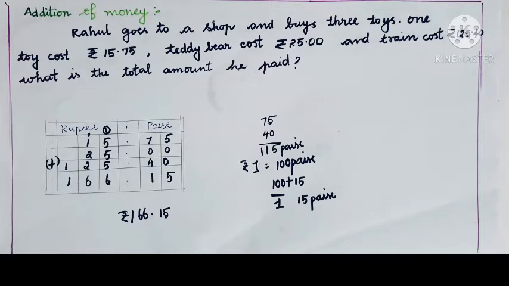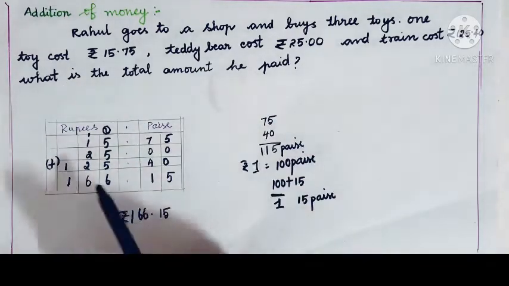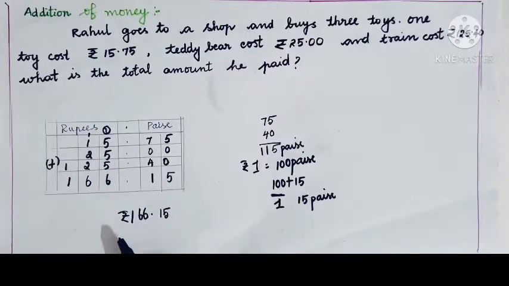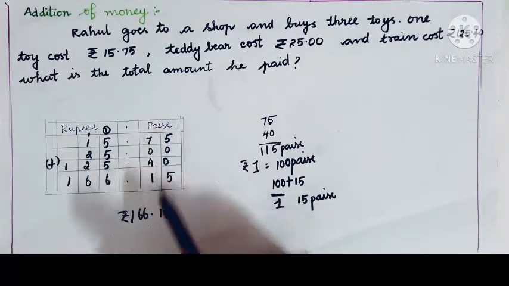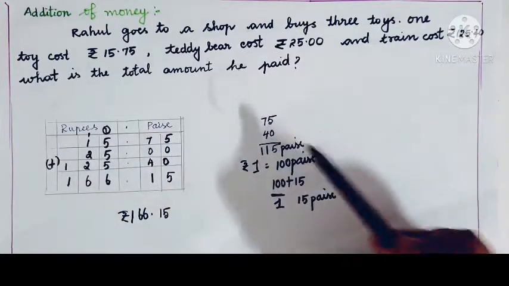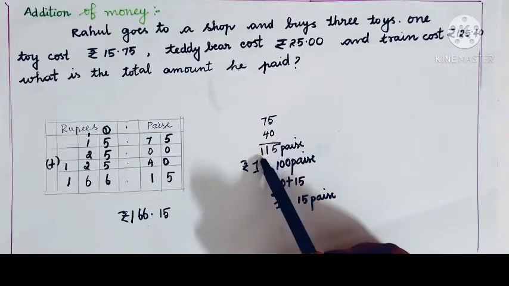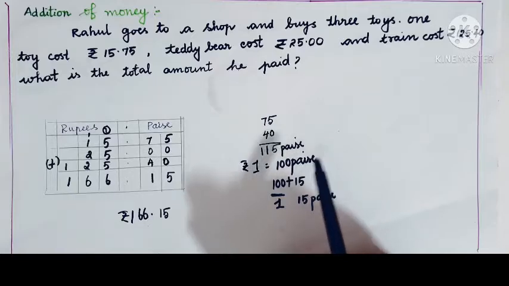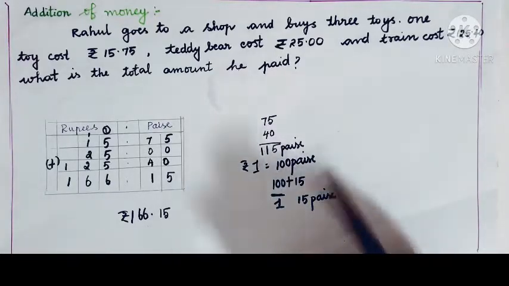So how to add this? Once again I repeat. First you write the rupees and pies in separate columns, and then you add the pies. If you get 115, you separate it. 100 makes 1 rupee, isn't it?